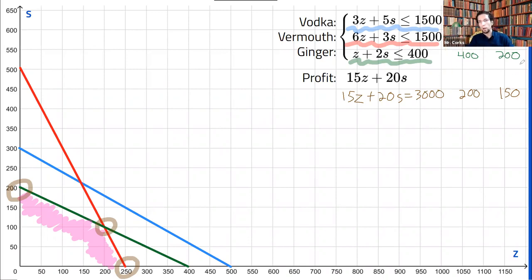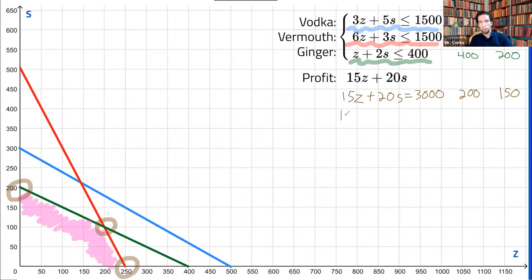So we want our ISO profit line to be above all of these, outside of our feasible region, but this is going to be below all of these. So it's totally inside. Just based on that, not even looking at the graph, these numbers are too small. They're close, but a bit too small.